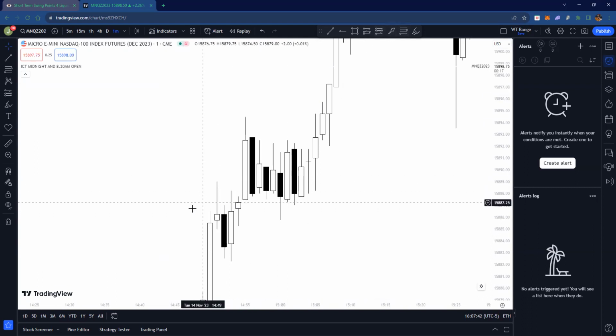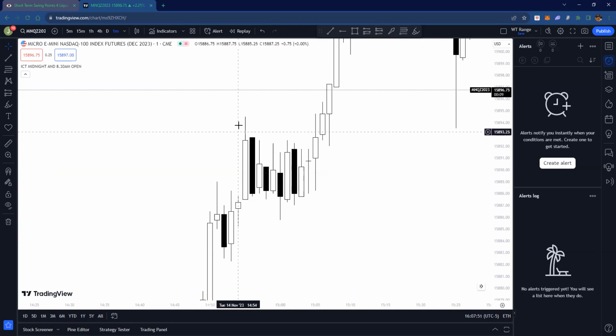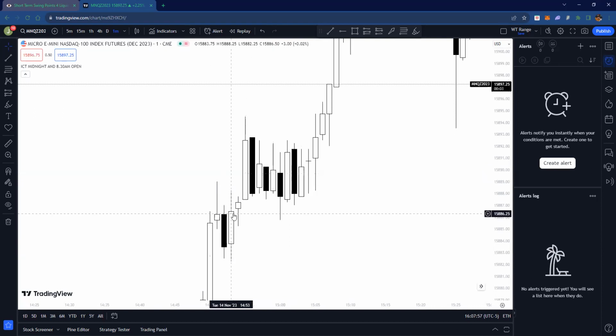So basically, you find a swing high to the left, just like this pattern. Swing high to the left, and then a higher one, and then a lower one. So here's the swing high, and then the swing high.